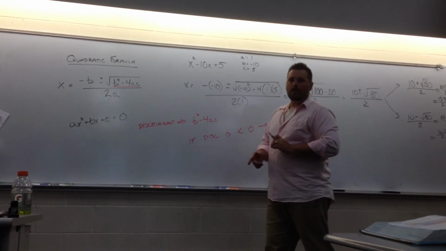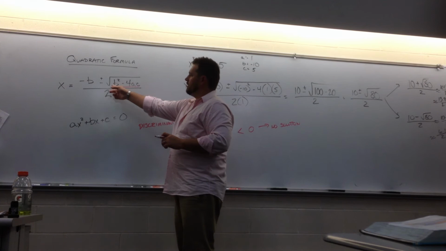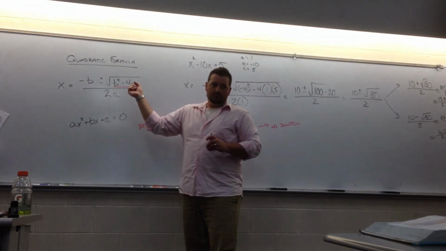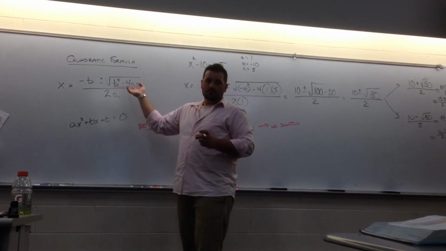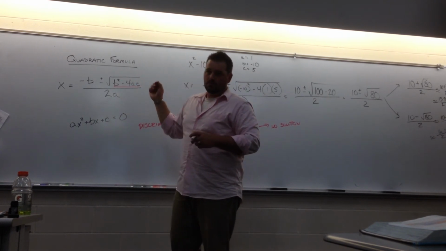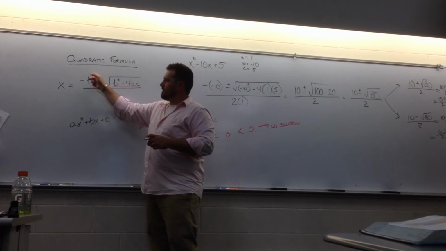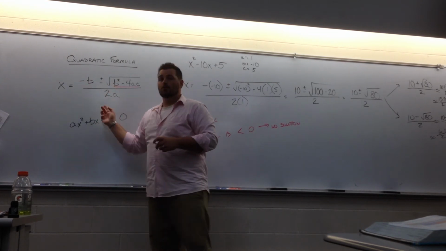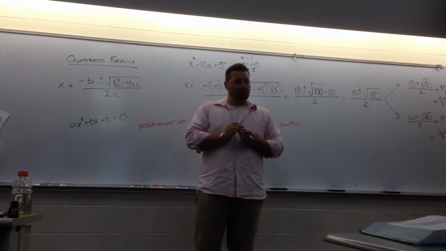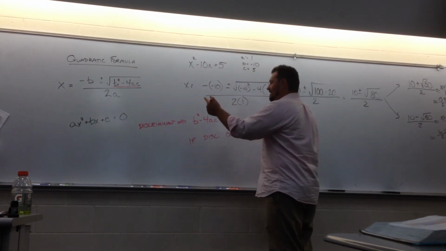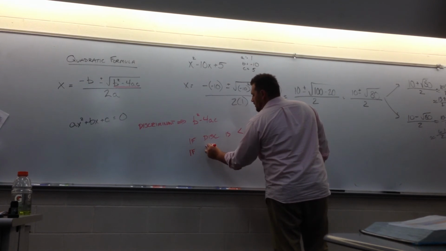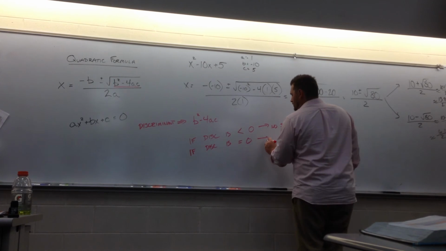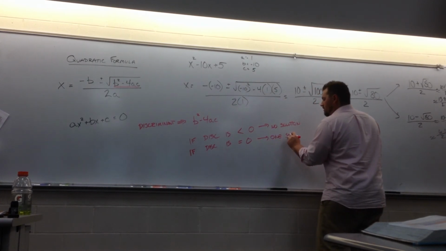Okay? What about if it's equal to 0? What's the square root of 0? 0. Okay? Square root of 0 is 0. So if I have something plus 0 over a number and something minus 0 over a number, I'm going to get the same thing, right? So that means that if the discriminant is equal to 0, then there's only one solution.